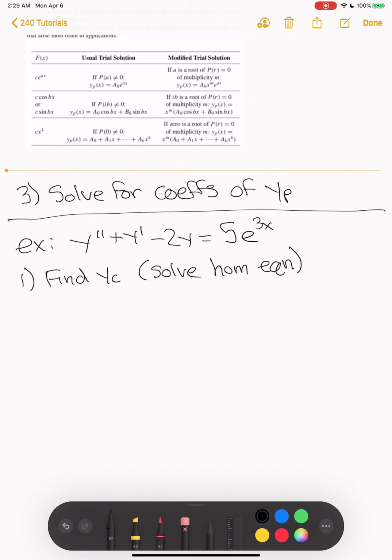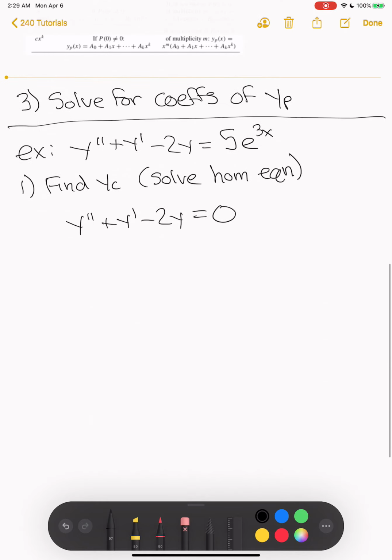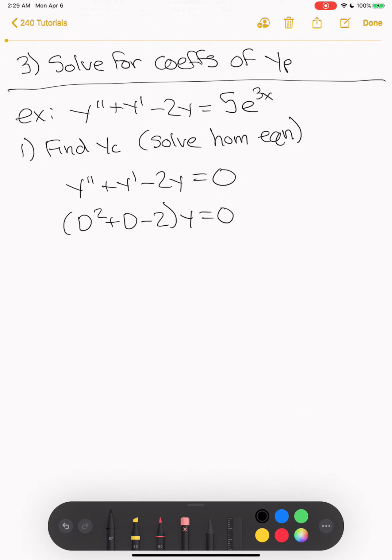So I ignore the f that they gave me and write y double prime plus y prime minus 2y equals 0. I factor this as D squared plus D minus 2 applied to y gives me 0. This corresponds to r squared plus r minus 2 equals 0, which factors down to (r plus 2)(r minus 1).